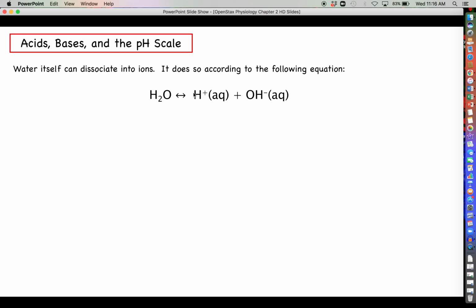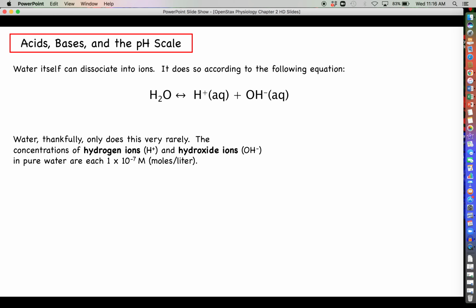This is just a hydrogen atom that has lost its one valence electron, so all it really is, is a proton, since most hydrogen atoms don't have neutrons, so sometimes you'll see this hydrogen ion called just a proton. And then also hydroxide ions. You can see that if you add them back together, you get all the atomic components of a water molecule.